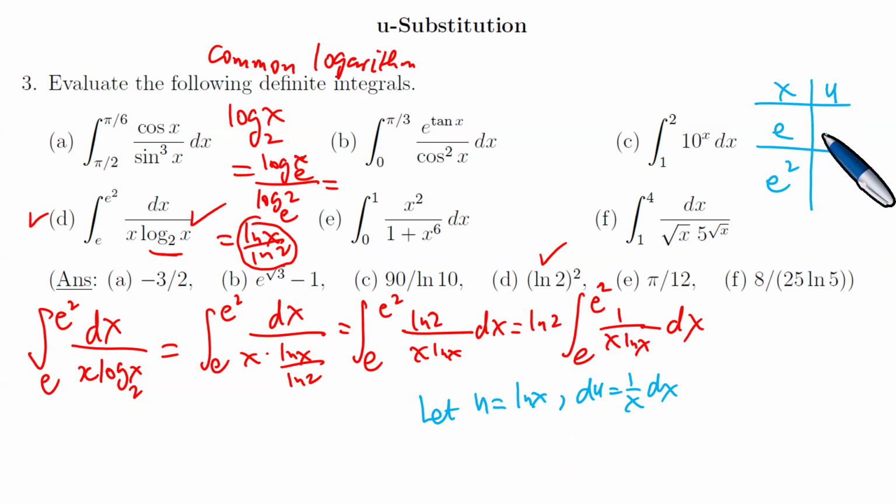What is ln e? It is 1. And the ln of e squared? It's 2 ln e. What is ln e? It is 1, so 2 times 1 is 2.